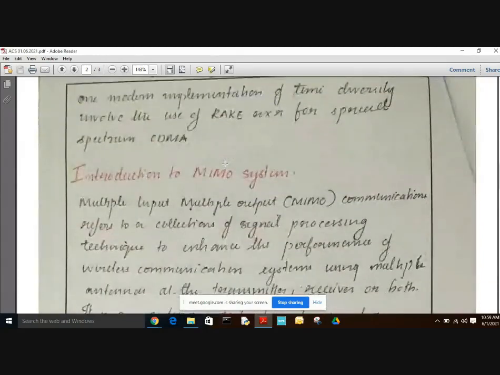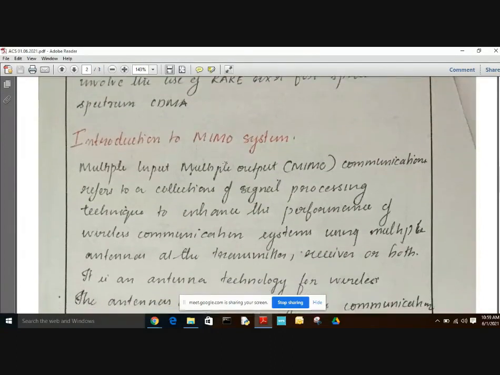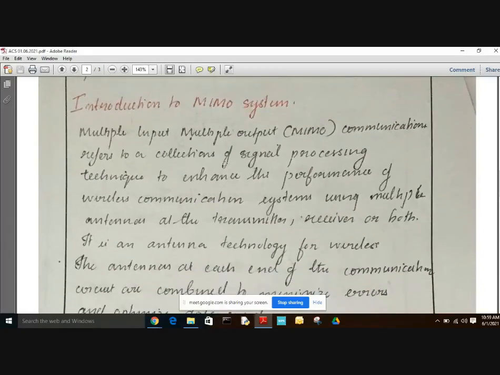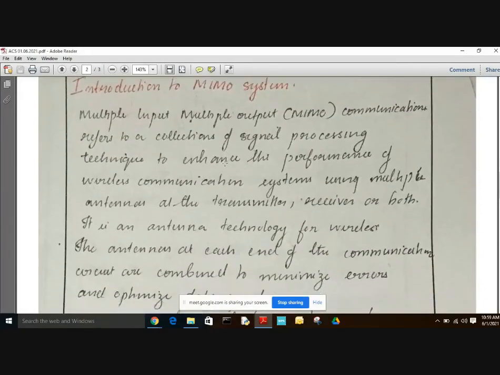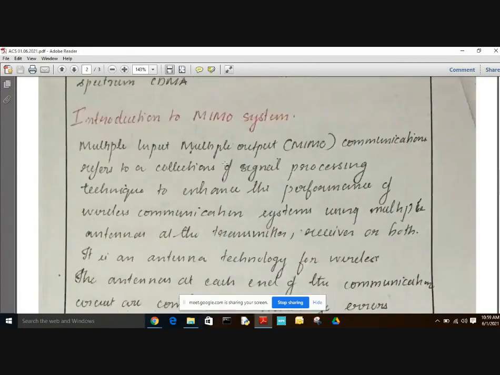So, an introduction to the MIMO system, once again to refresh: multiple input, multiple output communication system refers to a collection of signal processing techniques to enhance the performance of a wireless communication system using multiple antennas. We can use multiple antennas at the transmitter, or multiple antennas at the receiver, or both.